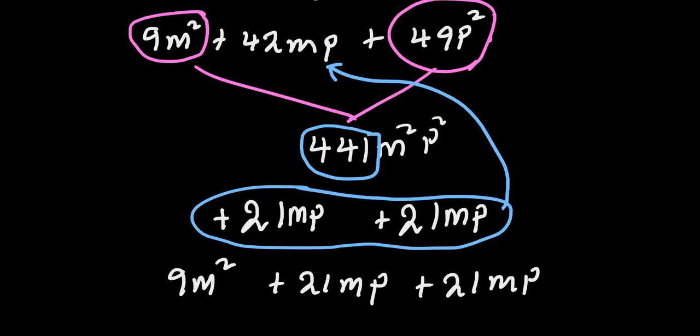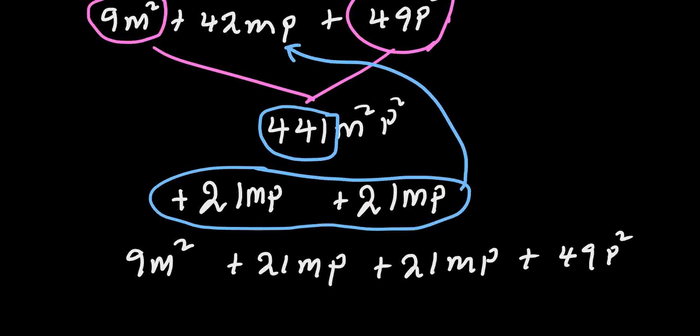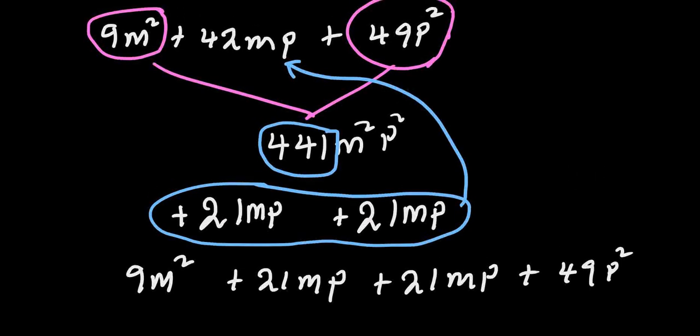Okay, so we have replaced plus 42mp with these two numbers, and then we can now as well add plus 49p squared. So what we just did now is that we replaced plus 42mp with this.